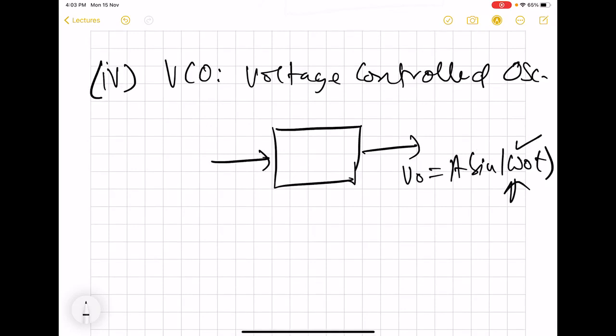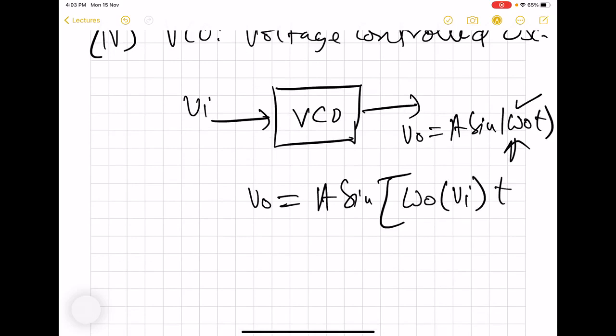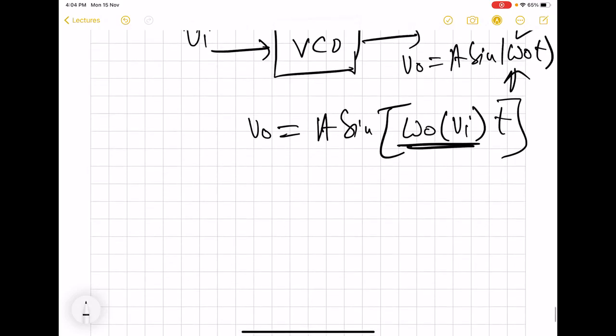As the name suggests, the input voltage to this VCO will dictate omega naught. What we will have basically is here, this kind of output. So omega naught is a function of input voltage. And ideally, we want this kind of relation between input voltage and the output frequency.